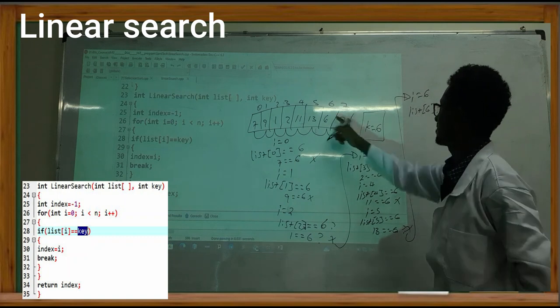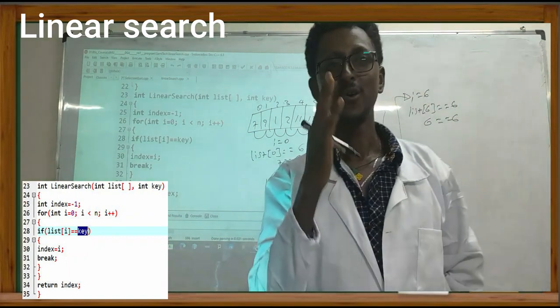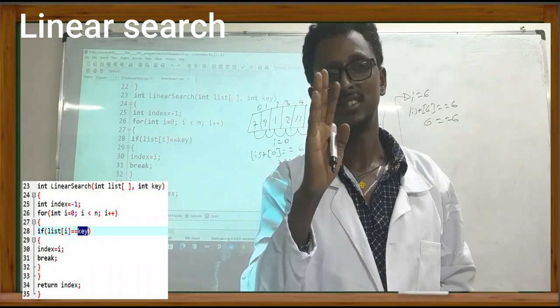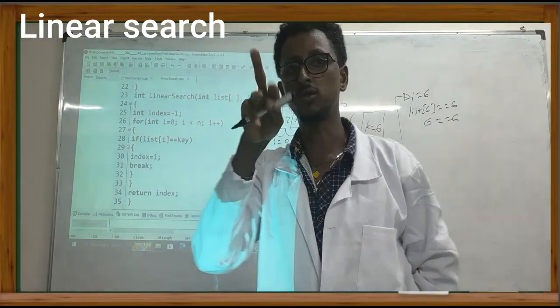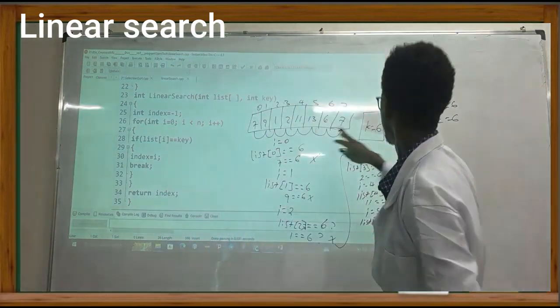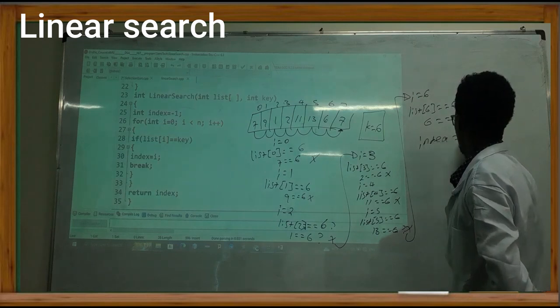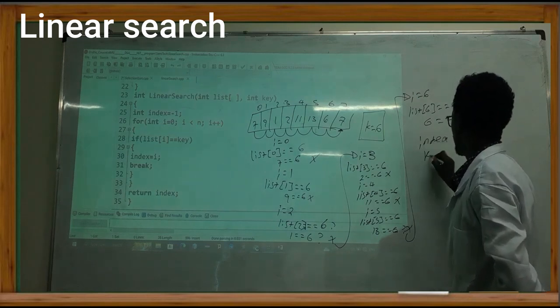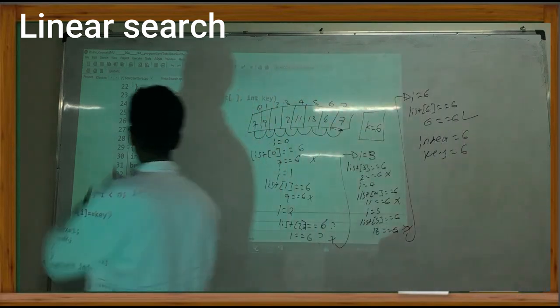So list of 6 is 6; is 6 equal to 6? Yes, definitely. So we got the required target key that we want to search from the list of the array, or the list of elements. So the index equals 6, key equals 6. So how do we display it?